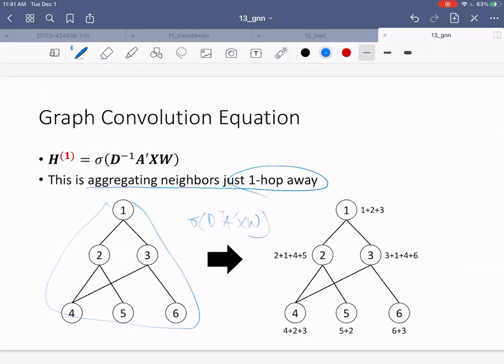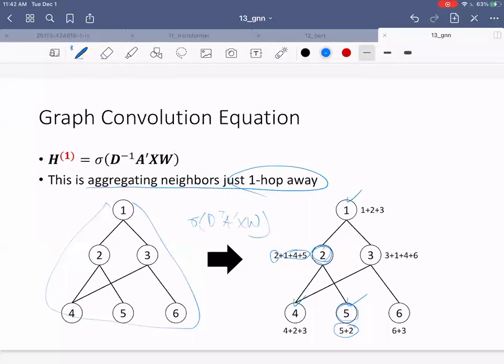In the perspective of node number 5, it took the node feature of 2 and combined it with itself, so it's 5 plus 2. In 2's perspective, it aggregated 1, 4, and 5's features and combined them with itself. So 2 plus 1, 4, 5. That is simply what we did in the graph convolution.